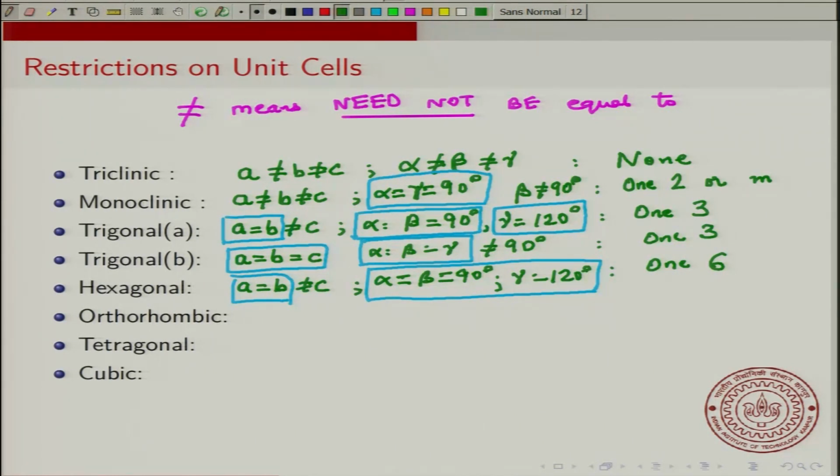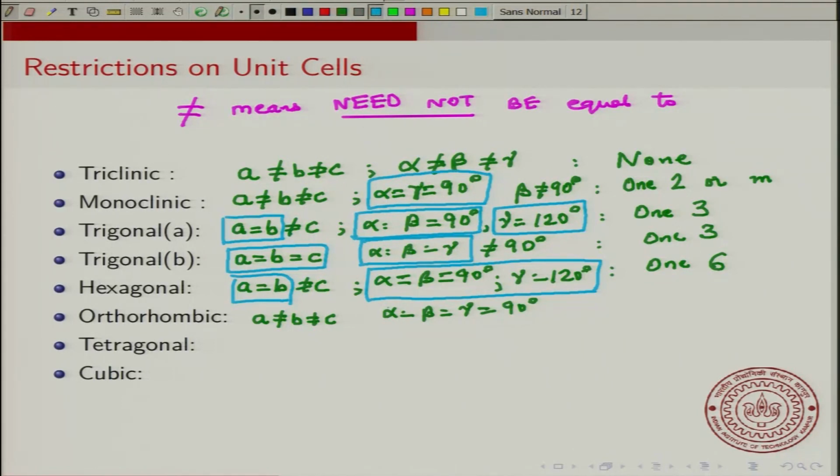Now, for the orthorhombic system, we said A need not be equal to B, it need not be equal to C. However, your alpha has to be equal to beta, equal to gamma, equal to 90 degrees.